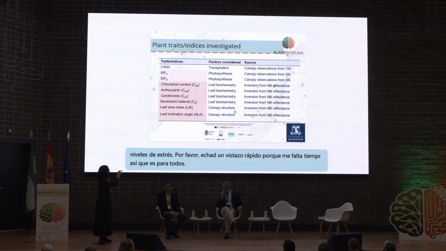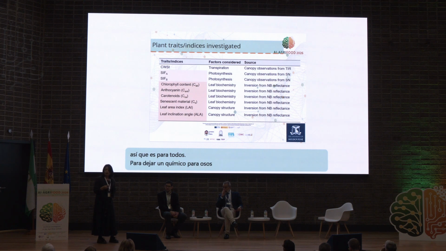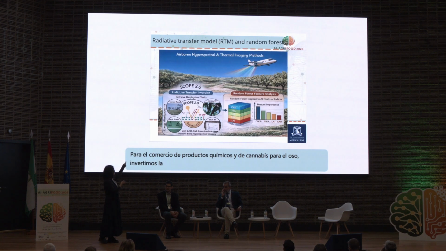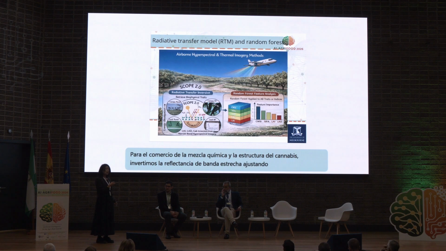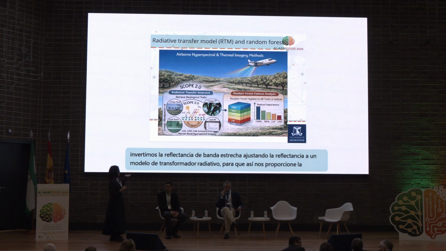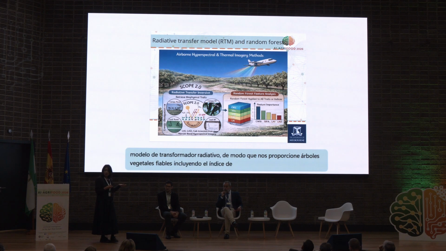For the leaf biochemical and canopy structural traits, we inverted them from narrowband reflectance by fitting the reflectance to a radiative transfer model, SCOPE. As a result, it can give us reliable plant traits, including leaf area index, chlorophyll content, and anthocyanin pigment.